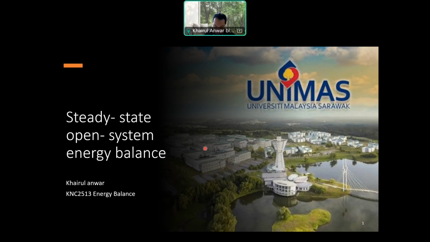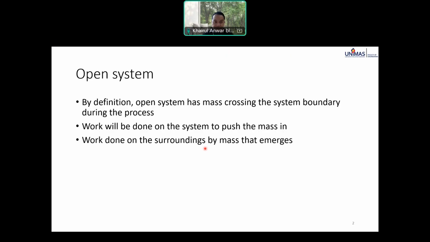It's a system boundary where no mass can cross into or out of the boundary. Then we have open system.